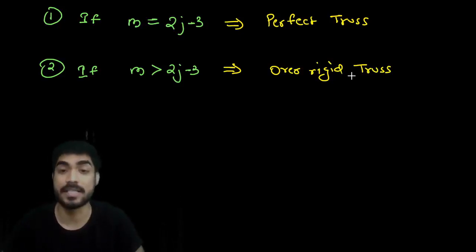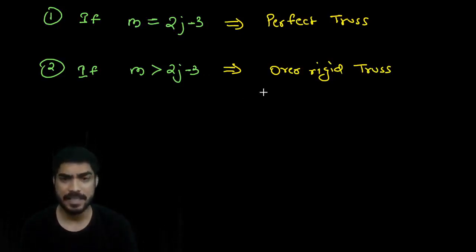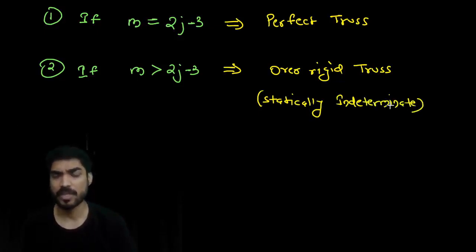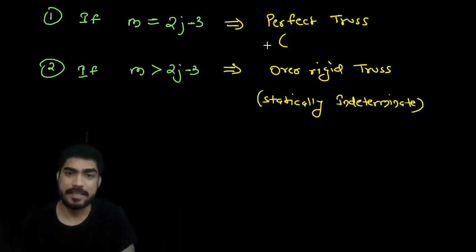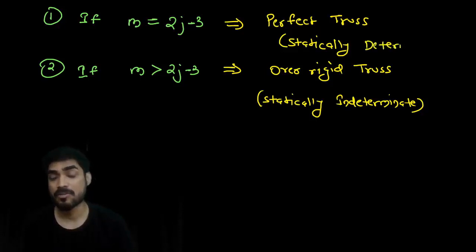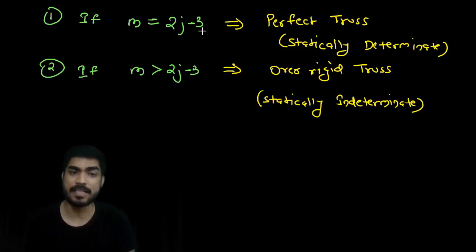Okay, over rigid truss, which is statically indeterminate. Perfect truss is statically determinate. So do you understand the difference between two? This is statically determinate, this is indeterminate.